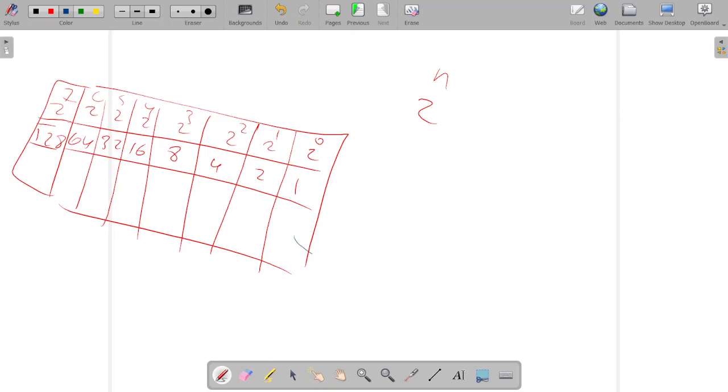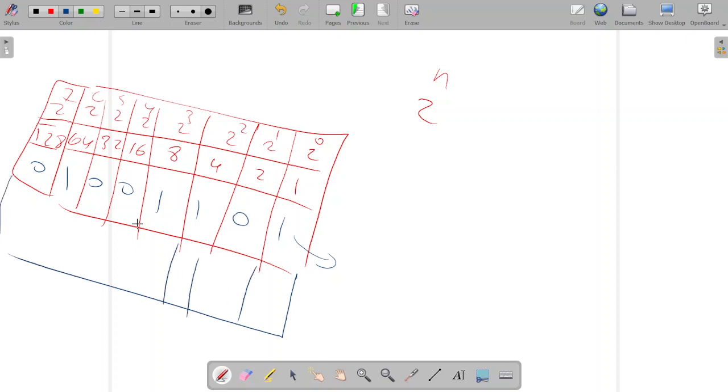If I asked you to write this as a product consisting of a base 2, you will say that the first one is going to be 1 multiplied by the weight, which is 2 to the power of 0, which is going to be equal to 1.